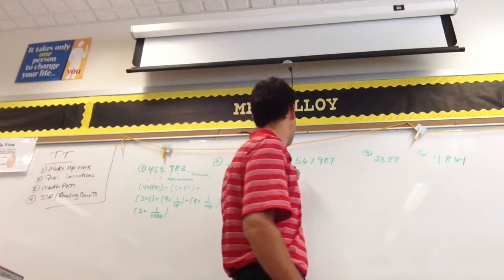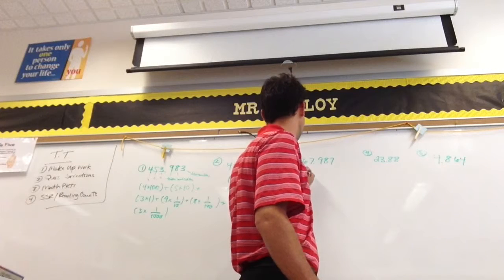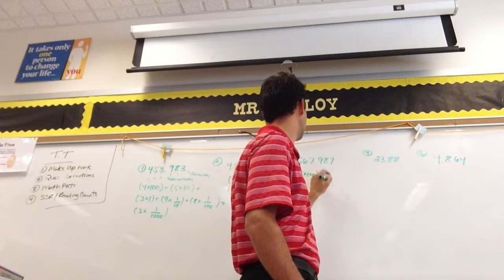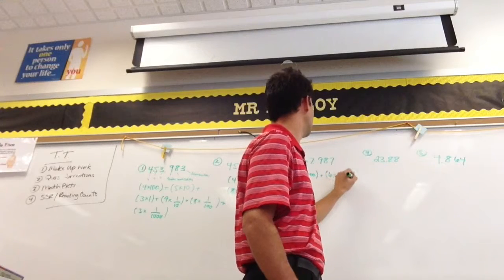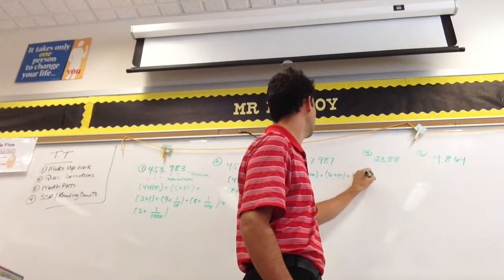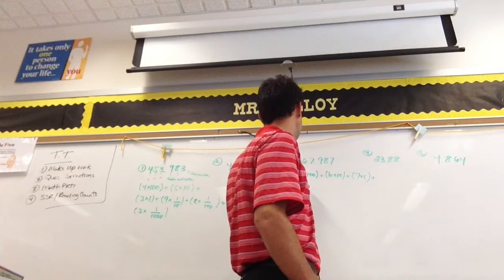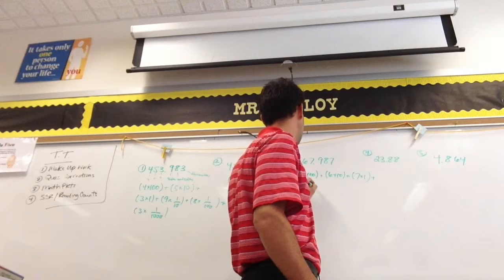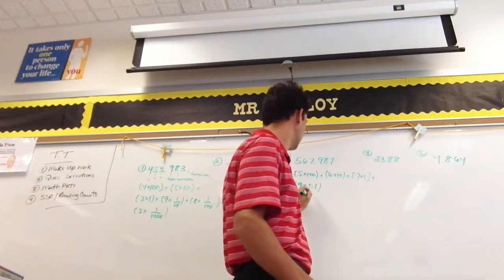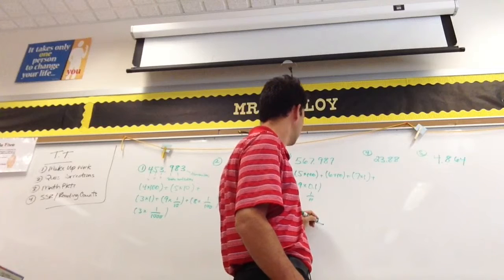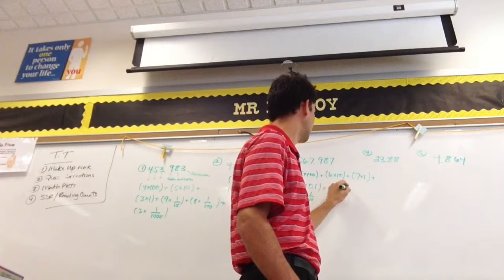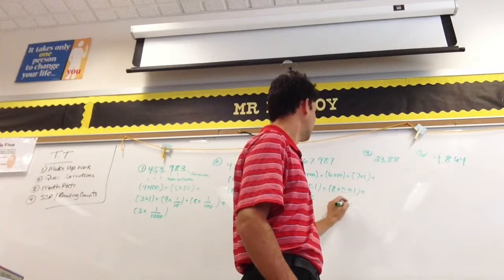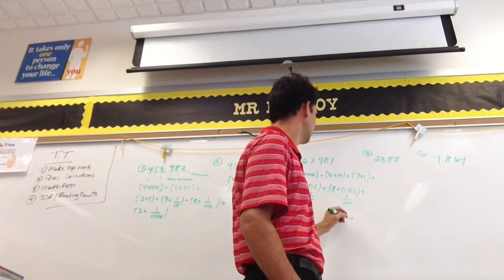Number 3, that 5 is in the hundreds, so it would be 5 times 100, plus that 6 is in the tens, so it would be 6 times 10. That 7 is in the ones, so it would be 7 times 1. That 9 is in the tenths, so it would be 9 times 0.1, or 1/10. Plus that 8 is in the hundredths place, 0.01, or 1/100.